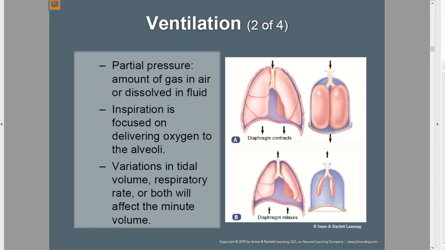Then you have alveolar ventilation, and all that is, guys, is just the amount of air that the alveoli are going to receive. Then there's minute volume. So this is the volume of air that's moved through the lungs in 1 minute.